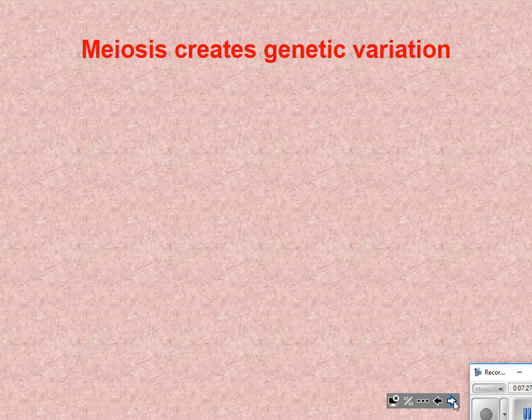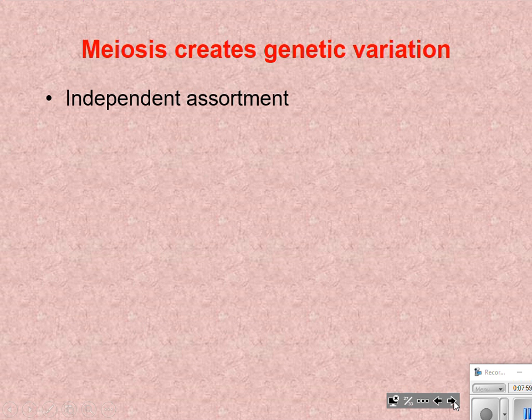Meiosis creates this genetic variation. Independent assortment. We're going to talk about three things right here that create genetic diversity. So one of our objectives is to know these three things that create genetic diversity, genetic variation.